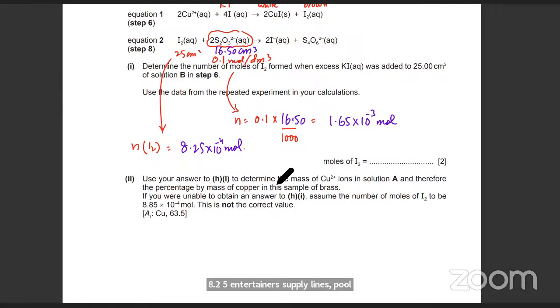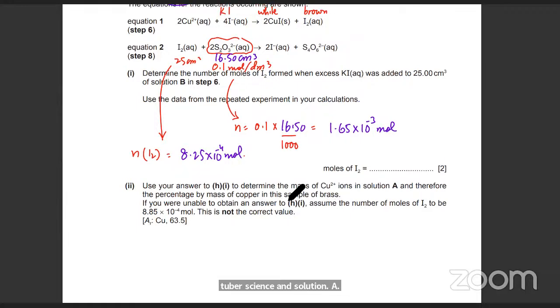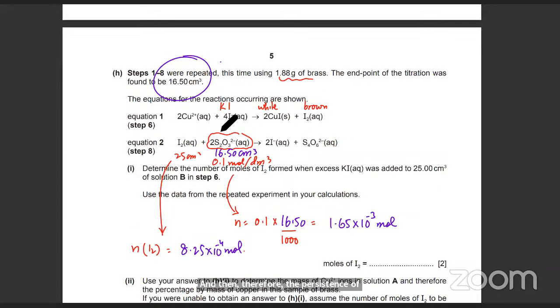Then he says, use your answer to calculate the mass of copper 2+ ions in solution A, and therefore the percentage by mass of copper in the sample of brass. So the next part is we found out the moles of iodine in the flask over there. Now remember, previously he had made a 250 cm3 solution. But if you remember the steps, when he had dissolved the brass, he had added KI and distilled water.